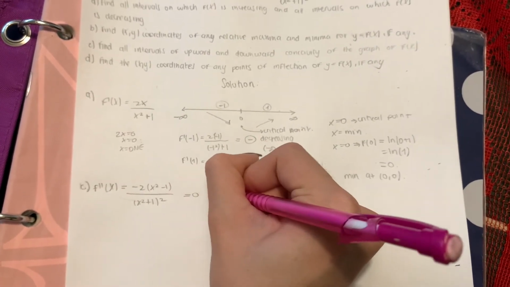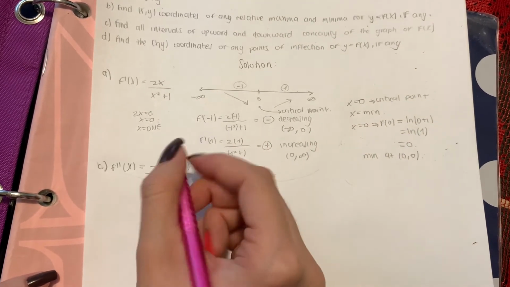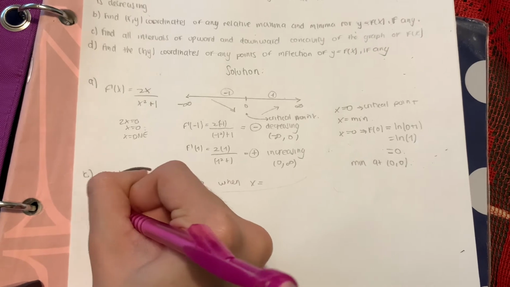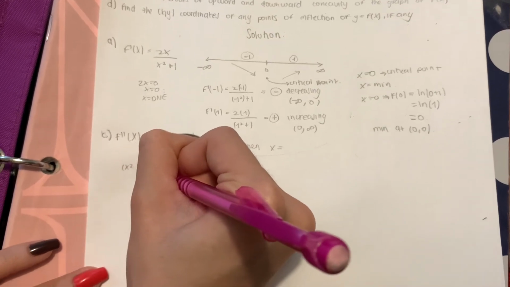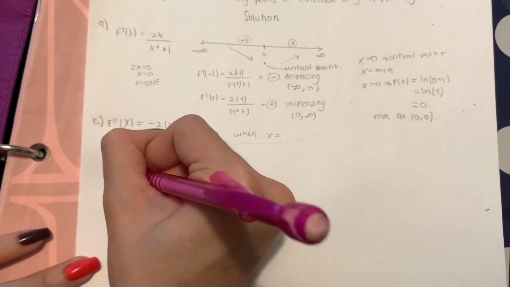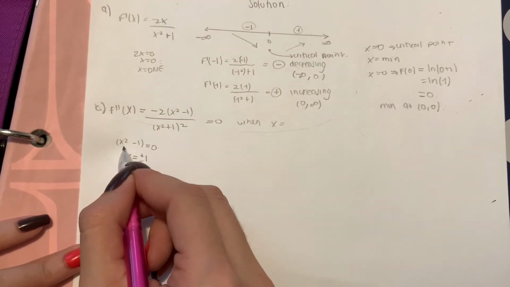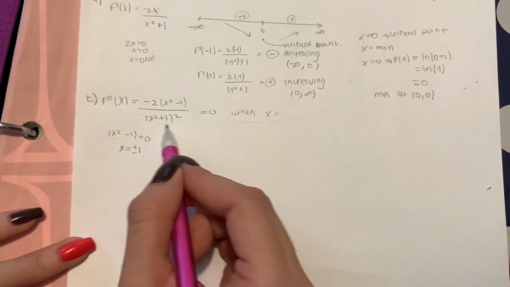We set that equal to 0, which means if we plug in 1 or minus 1, it's going to be 0. And because the denominator is x squared, it's always positive, so that means it doesn't equal zero. So we have two critical numbers, which are minus 1 and 1.